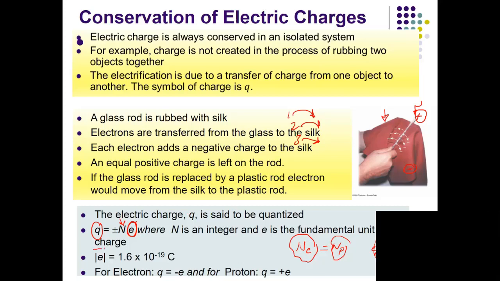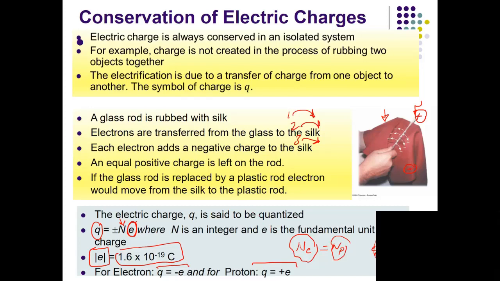The magnitude, we put these two vertical lines, this is the magnitude of the charge, is equal to 1.6 times 10 to the power minus 19 Coulomb. So the charge of an electron is the negative of this value, and the charge of a proton is the positive of this value. Okay, so it's important.